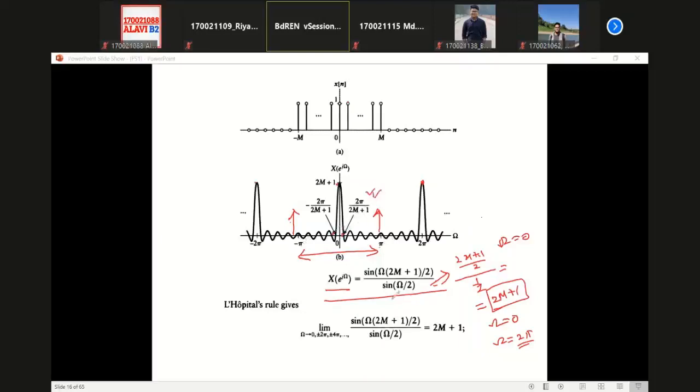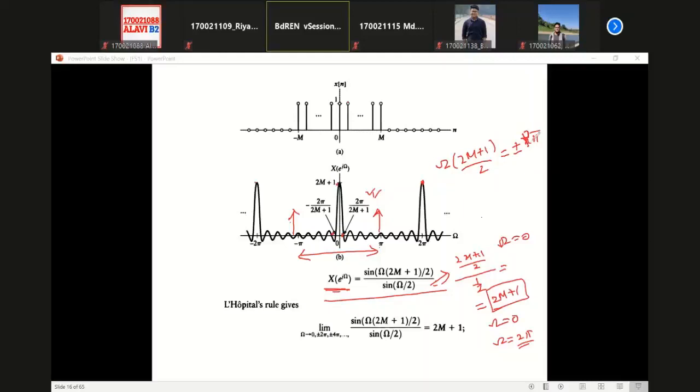You can easily find that your X(e^j omega) will be 0 at omega into (2m plus 1) divided by 2 equal to plus minus p pi, where p is an integer value. I am using p so as not to get confused with our earlier n.